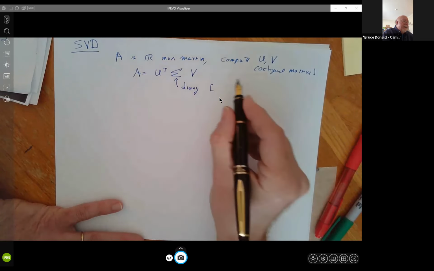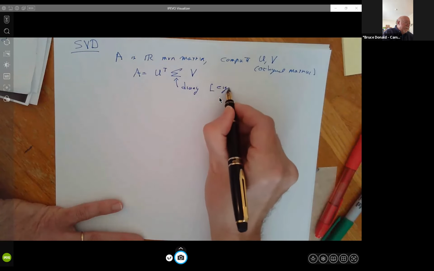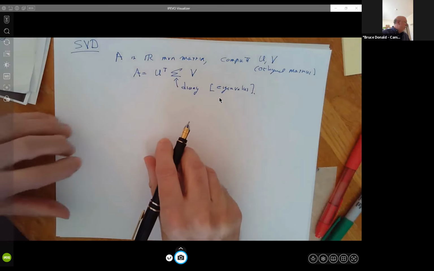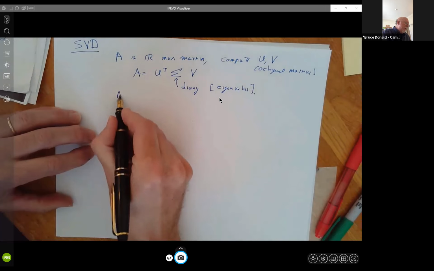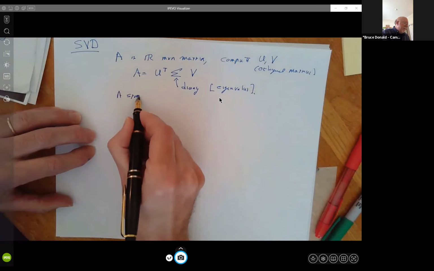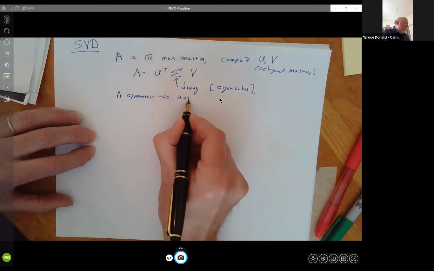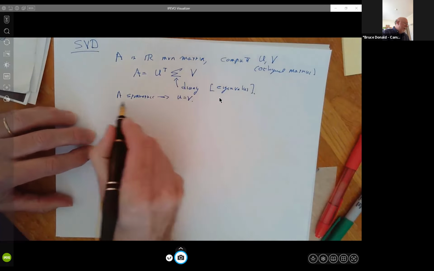And its diagonals are called the eigenvalues. And yes, SVD can be used to compute PCA. And furthermore, if A is symmetric, that implies that U equals V, which is pretty amazing.